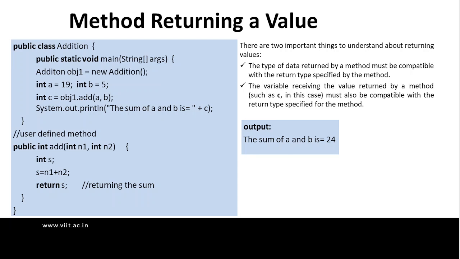There are two important things to understand about returning values. First, the type of data returned by the method must be compatible with the return type specified by the method. Second, the variable receiving the value returned by the method, such as C in this case, must also be compatible with the return type specified for the method.